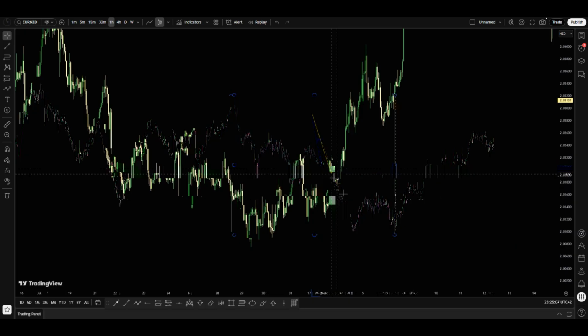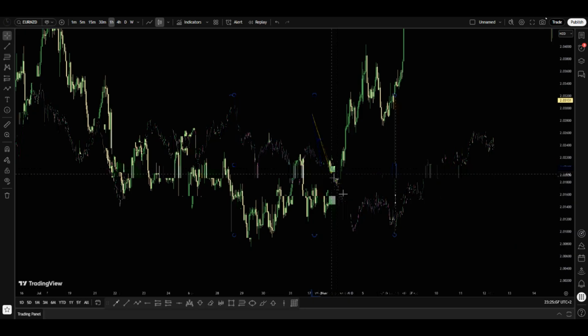So yes, then from there we took our trend line, constructed it from our low, which was this one, then to our second low, then waited for our third touch.